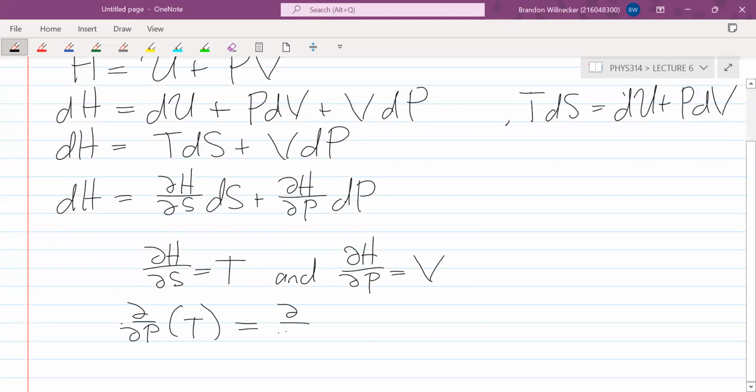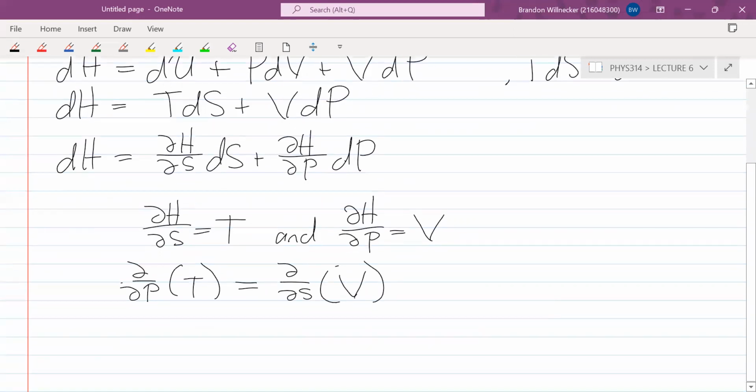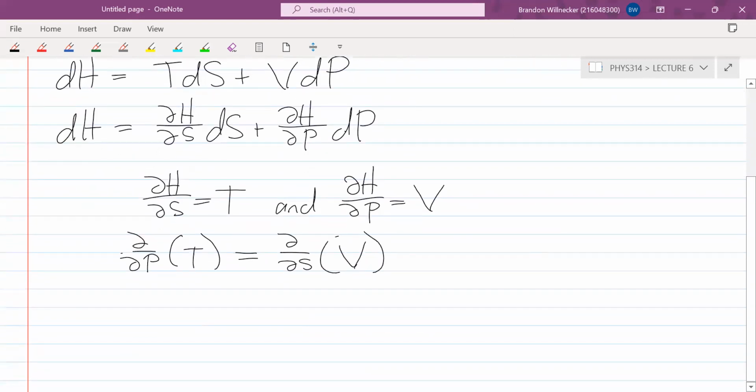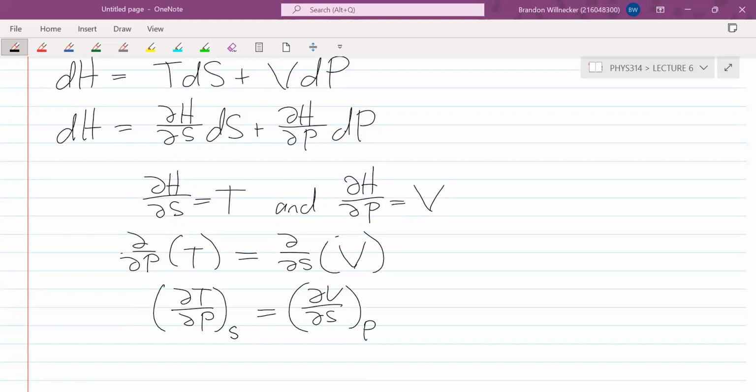So that must be d by dS of V. Okay, and we can write this in the form that the question had. So this is going to be dT by dP, keeping S constant. And this must be equal to dV by dS, keeping P constant. Of course, that's the other variable for the other side.